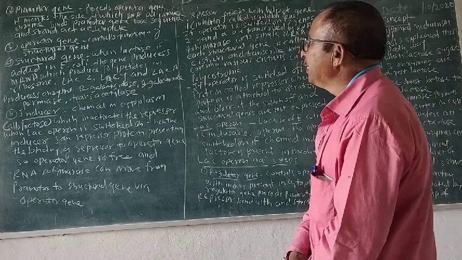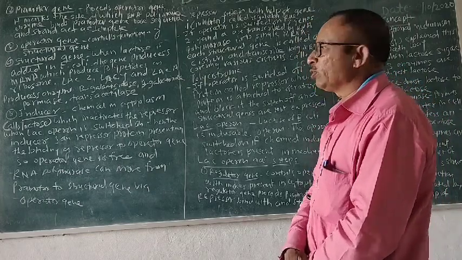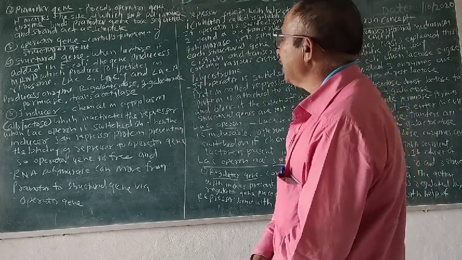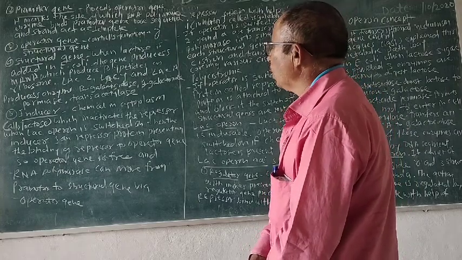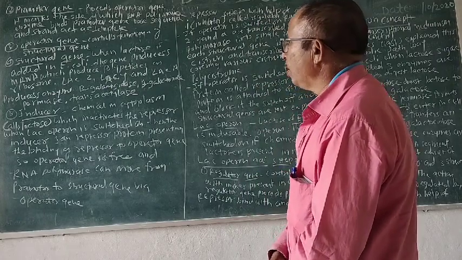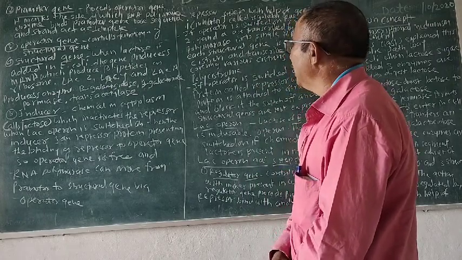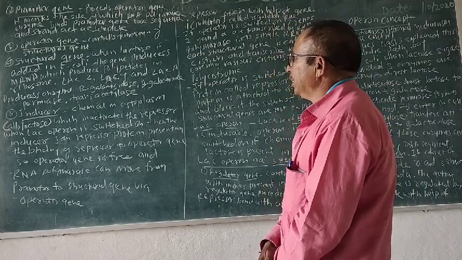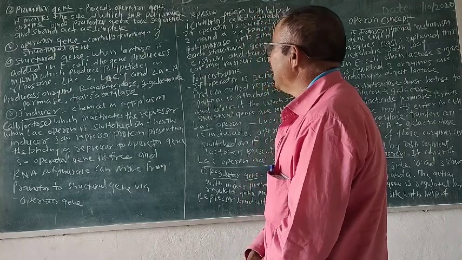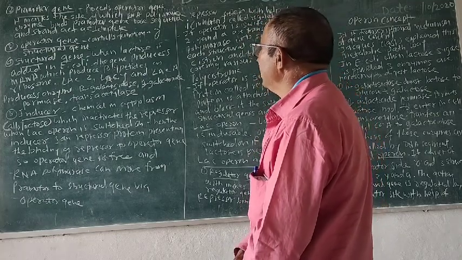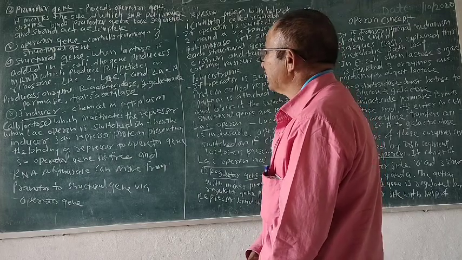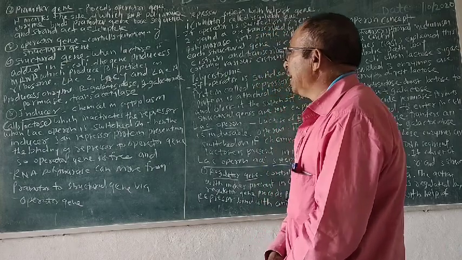It controls the functioning of the structural gene. What is the structural gene? When lactose is added to E. coli, the gene produces mRNA which produces different types of enzymes, LAC-Z, LAC-Y and LAC-A, on the ribosome, and these enzymes are produced: beta-galactosidase, beta-galactoside permease and transacetylase.